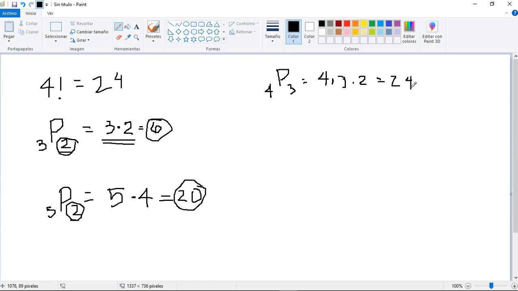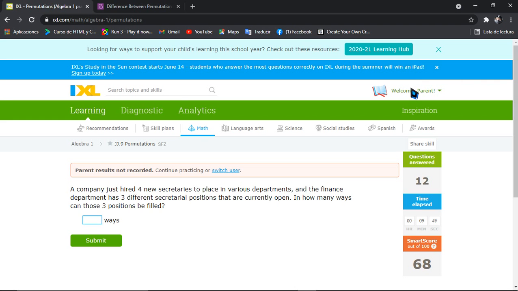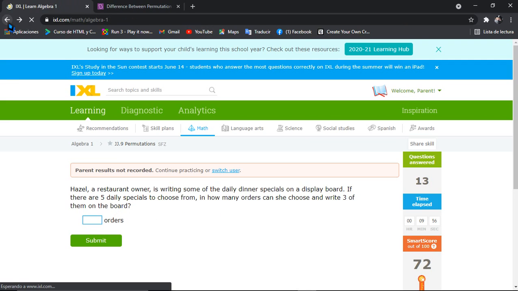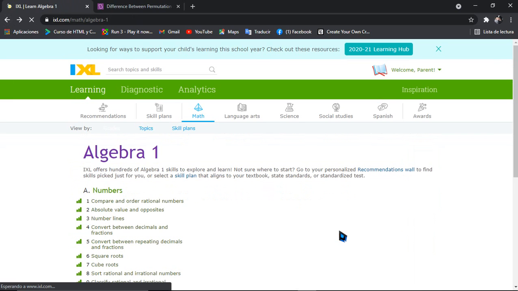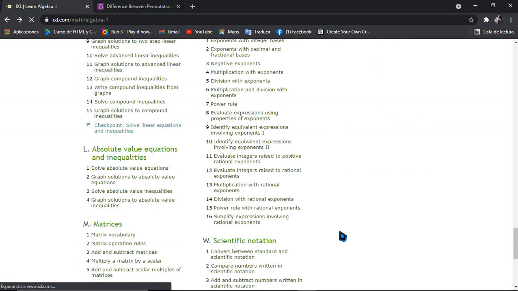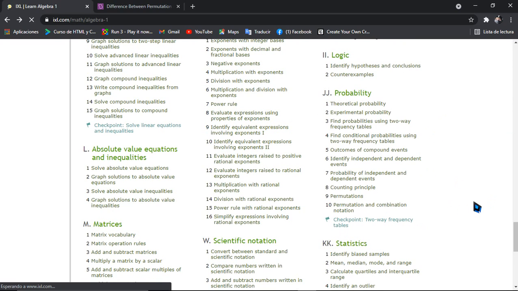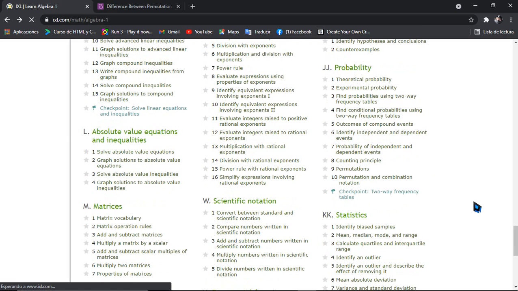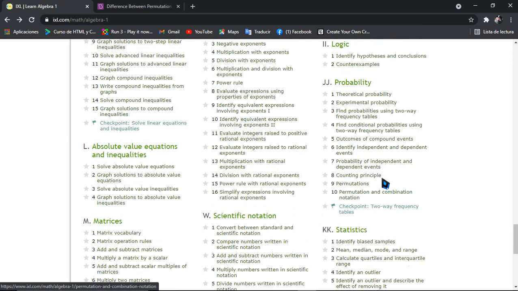So we write 24. Why am I teaching you this? Because in our next activity, it is what we're going to do. We are going to start doing combinations, not only permutations. So permutation and combination is the activity we're going to do today.